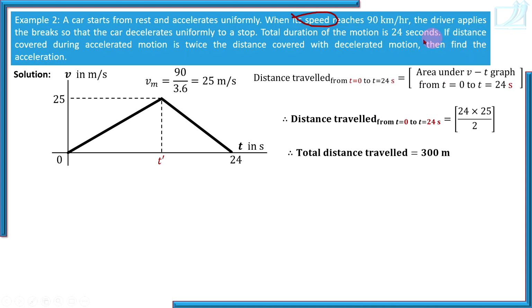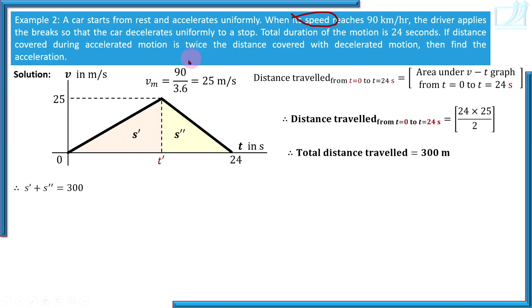But here it is given that the distance covered during accelerated motion is twice the distance covered during decelerated motion. So this area under the VT diagram during accelerated motion is the distance covered during accelerated motion. Let it be S dash. And this triangular area, from t dash to 24 seconds, is the distance covered during retarded, decelerated motion. So total distance travelled is 300 meters. Therefore S dash plus S double dash is equal to 300 meters.